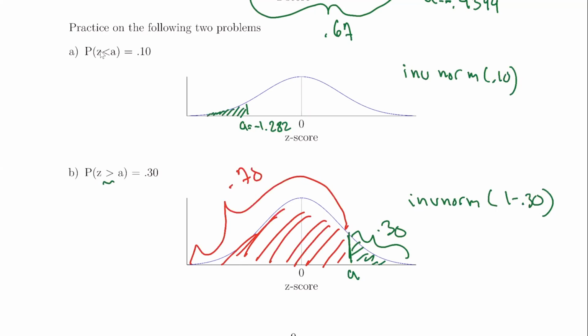So remember, the calculator always wants the probability of the left-hand side. So we have to take the complement of 0.30. That's why we use 0.70. And if you do that, you should get A is equal to 0.5244.